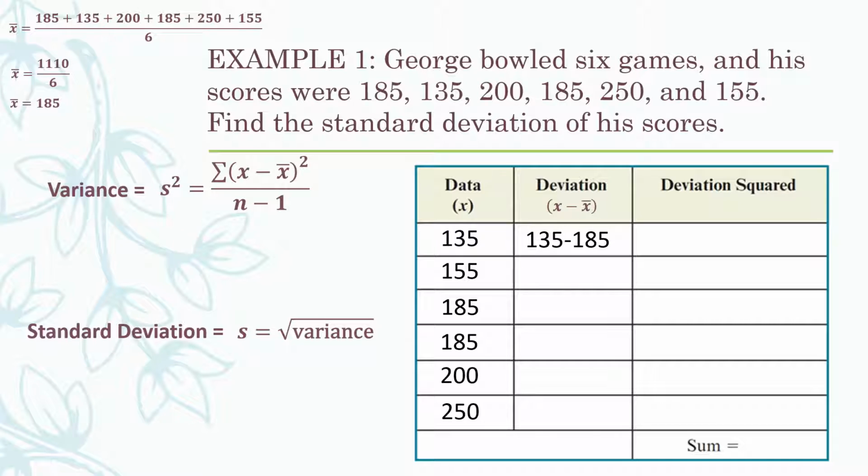So for our first deviation, it's very important that you go in this order. It's the data value minus the mean. So 135 minus 185 is negative 50. Then our next row, 155.